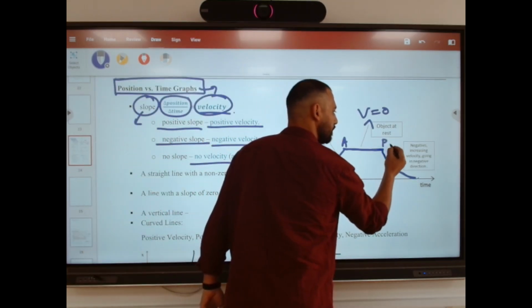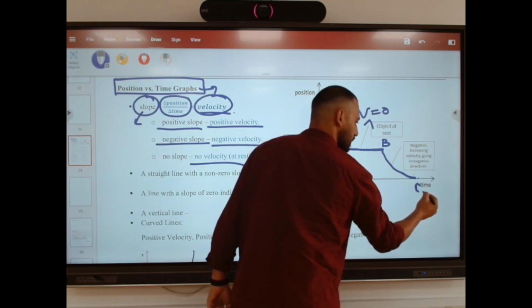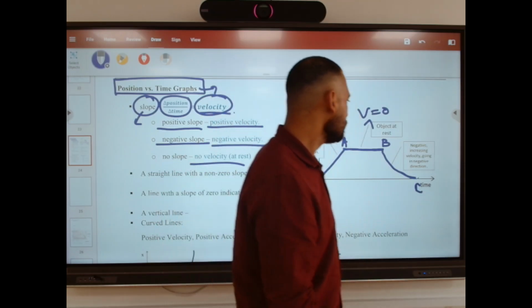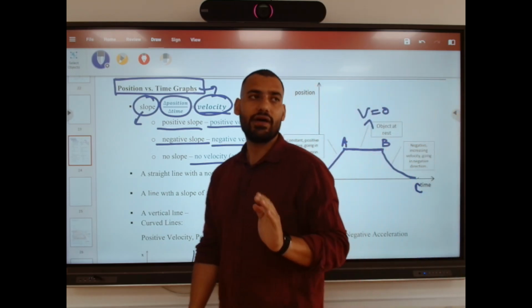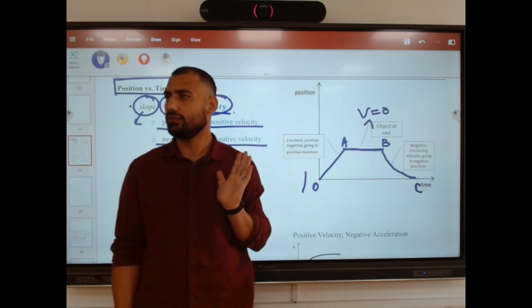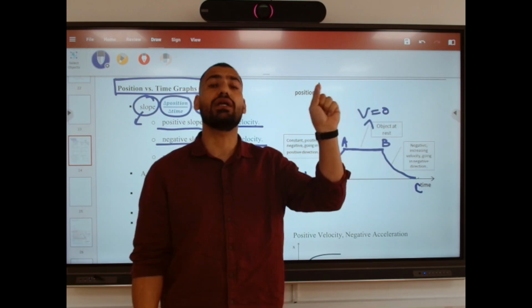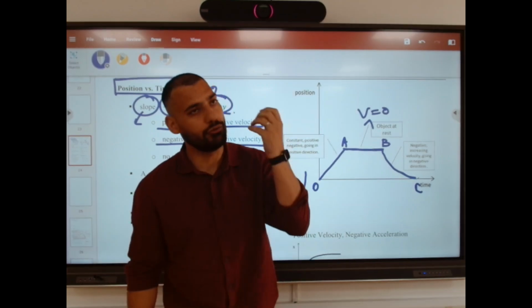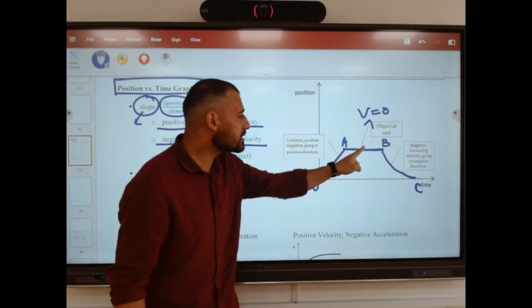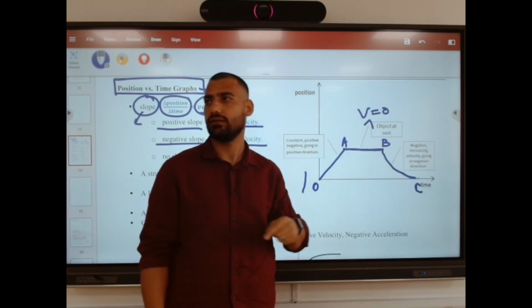And now look at the last portion, for example, from B to C. See what is happening. Do you see the line is falling again? When it is falling, is the slope negative? When the slope is negative, what is the value of velocity? Will it be positive or negative? It will be negative. But is the slope the same at every point?